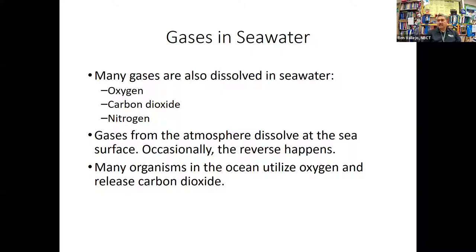But there are some scientists that think that back in the day, 65 million years ago, there was also an increase of carbon dioxide in the atmosphere. And this increase happened, and it wasn't just in the atmosphere, but there's an increase of carbon dioxide dissolved in the ocean.